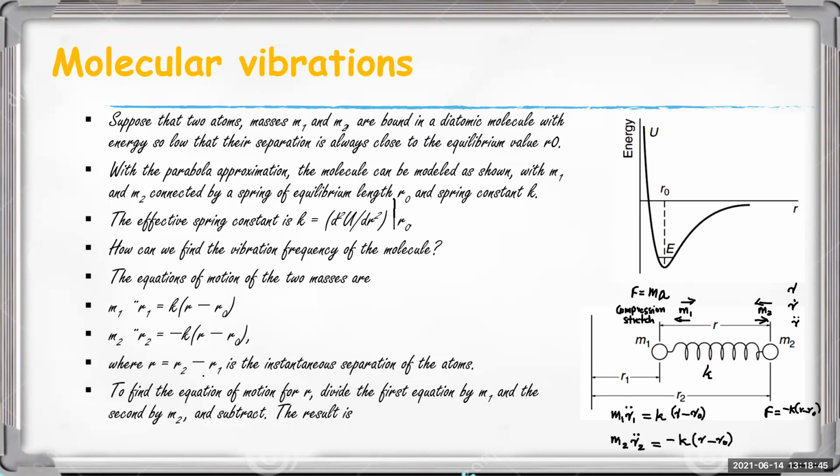Okay, so we have to obtain the equation of motion in terms of r double dot. For that, we take these two equations.